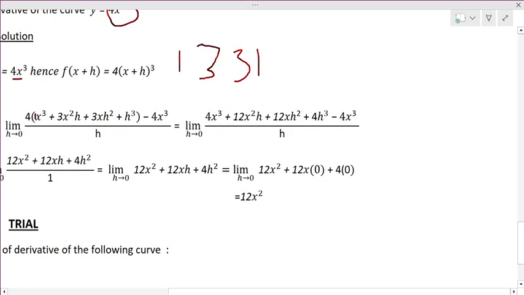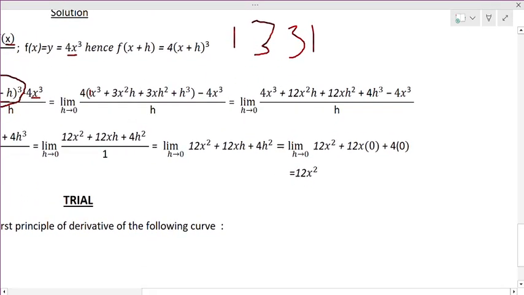Now when you multiply through by 4, you're going to get 4x cubed plus 4 times 3, which gives you 12x squared h, plus 4 times 3 to give you 12x h squared.